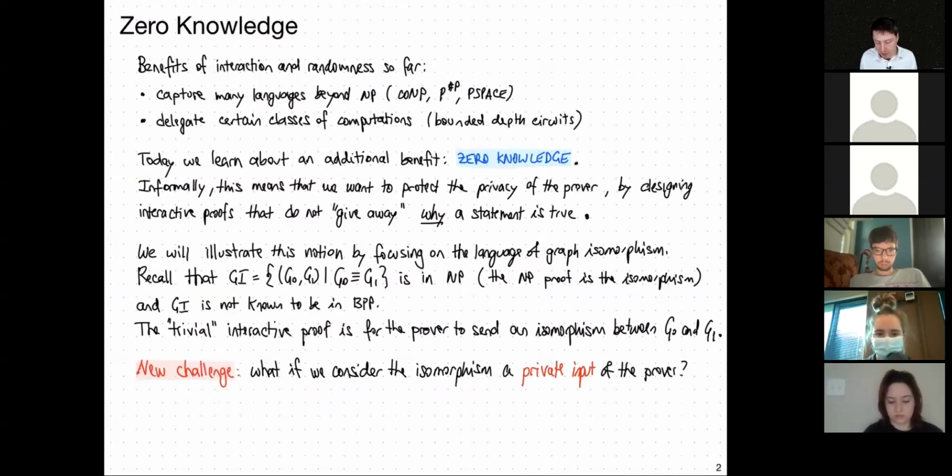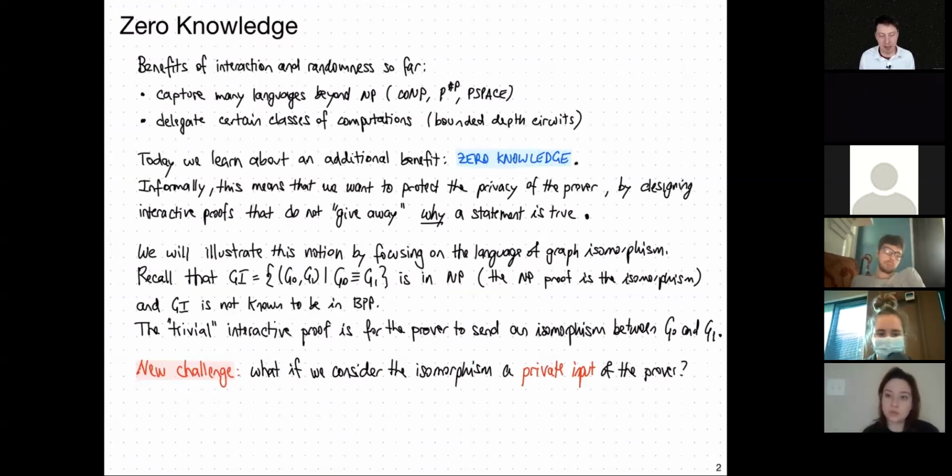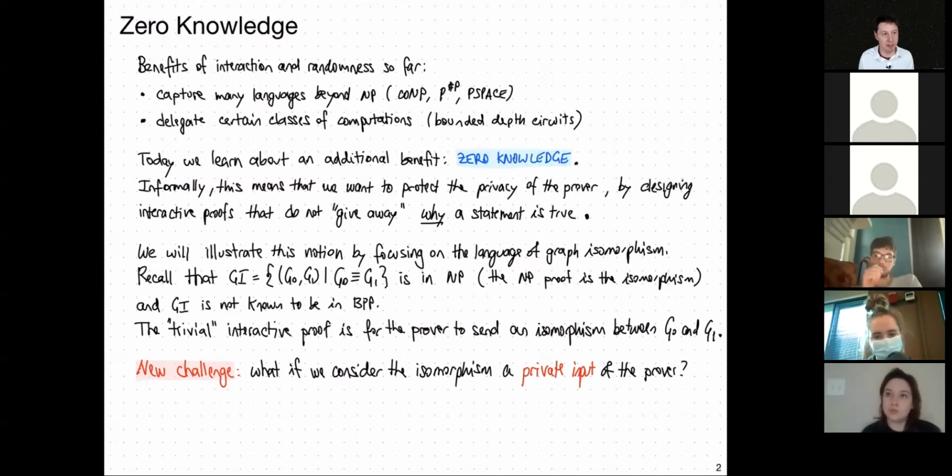But what if we want to consider the isomorphism a private input of the prover? The prover knows why the two graphs are isomorphic. You can think about it as some secret key or some secret proof about why the two graphs are isomorphic. It wants to convince the verifier that they are isomorphic, but is not willing to give any information about this permutation or indeed any other permutation that certifies the isomorphism.